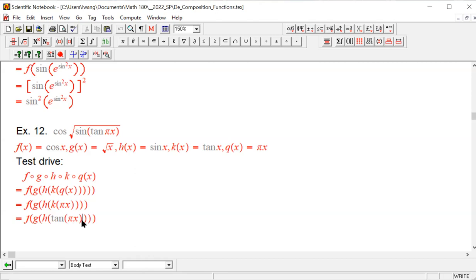We don't really need the parentheses. And h: for this input, we just apply the rule of sine to it. And how about g? g is just taking the square root of whatever input we get. So when g is applied, this is just going to be the square root.